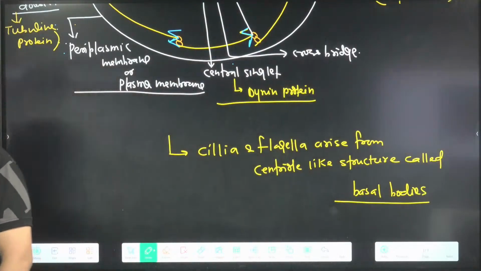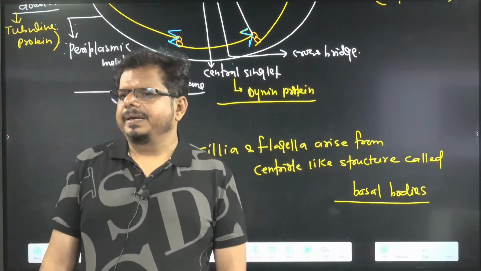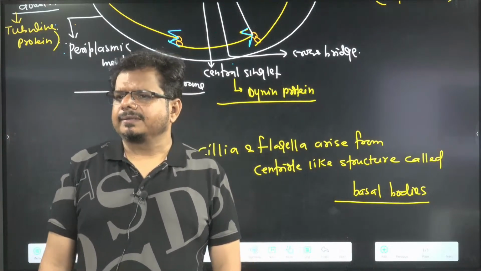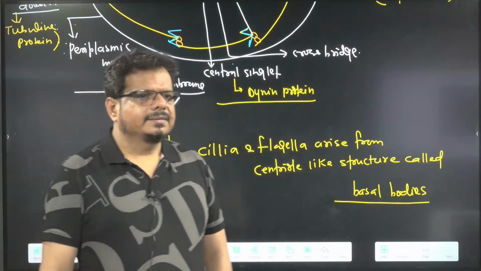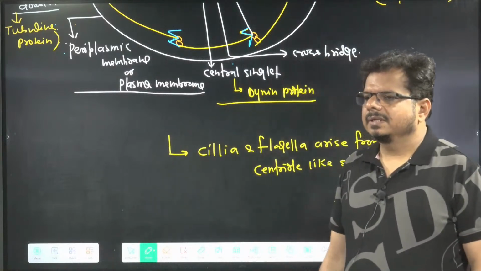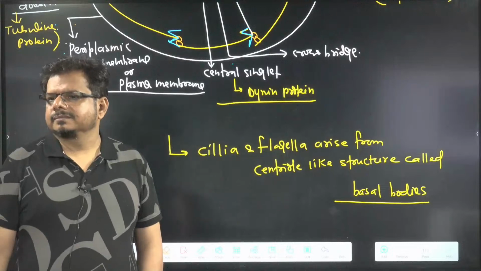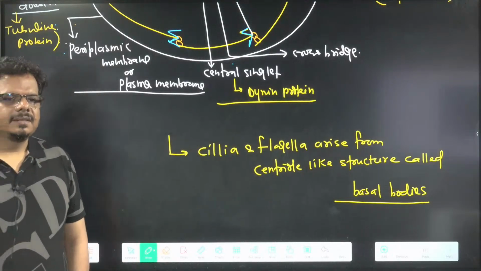Cilia and flagella arise from which one? Centriole-like structure called basal body. Is it all right? Is it clear? Right. Now we are moving ahead.